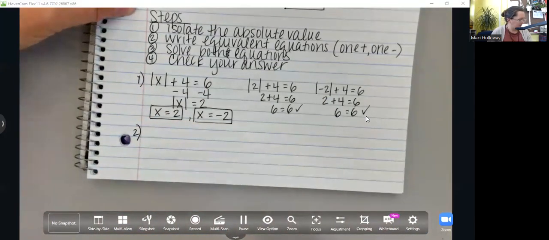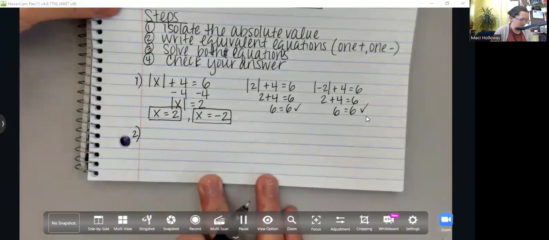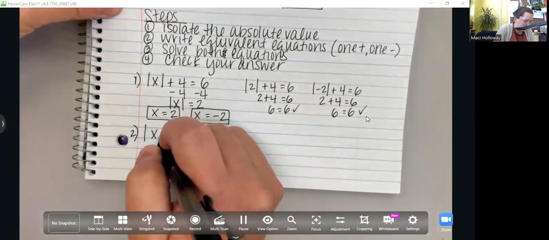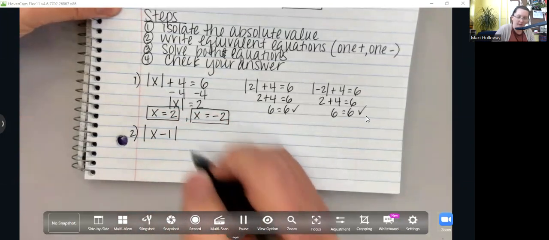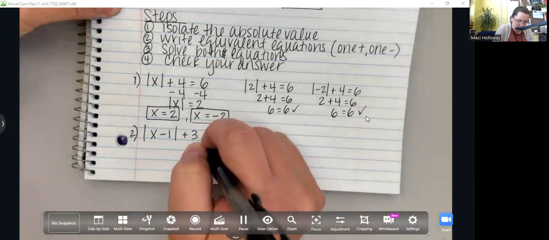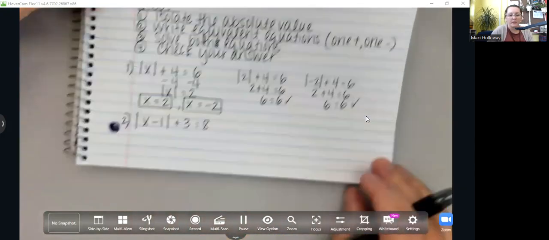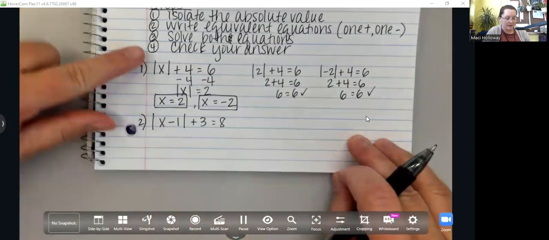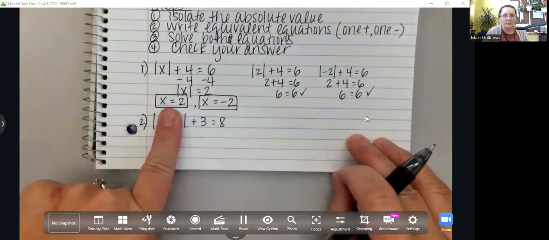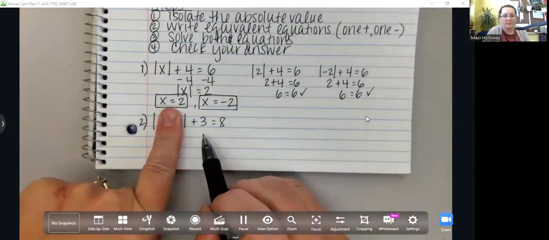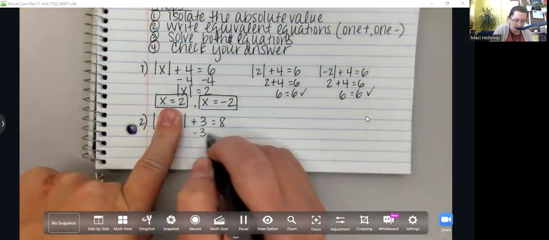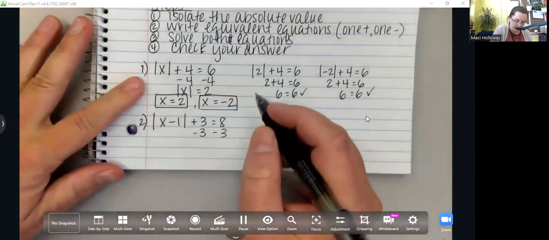Let's take one that has something inside: the absolute value of x minus 1 plus 3 equals 8. First I want to isolate the absolute value. That means I'm going to get rid of everything that's not inside the absolute value bars, which is the 3. So I'm going to subtract 3 on both sides.